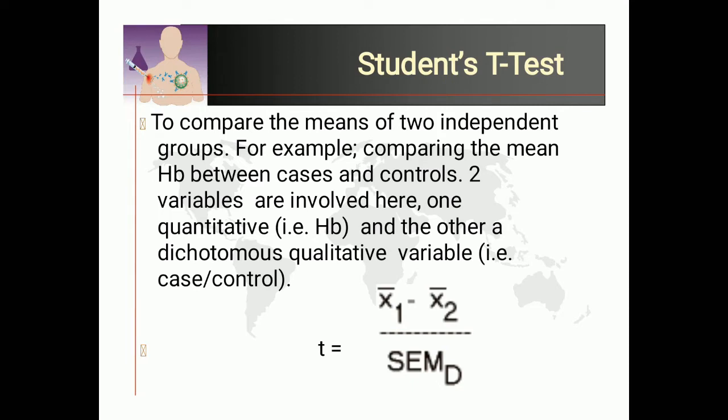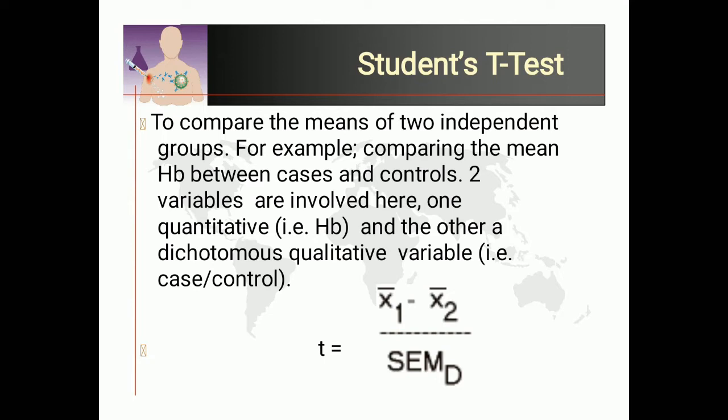The other is a dichotomous variable, meaning it can be a case or it can be a control. So basically this is comparing the mean between two groups.